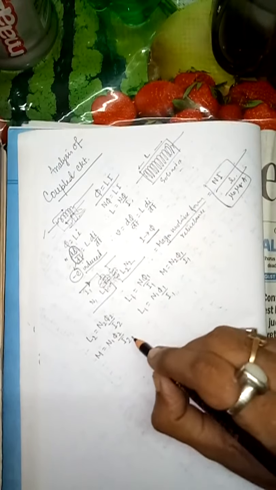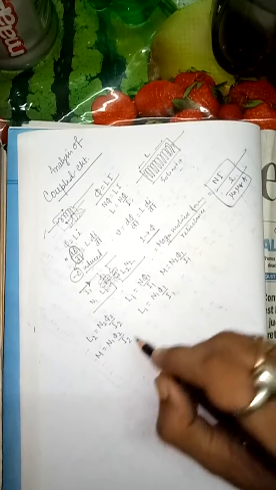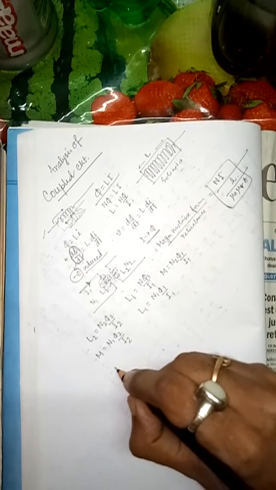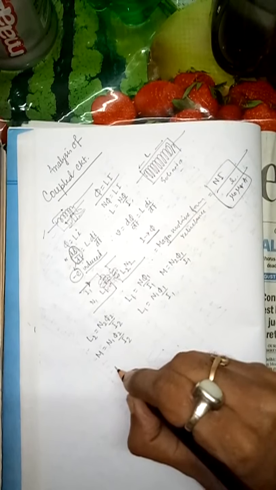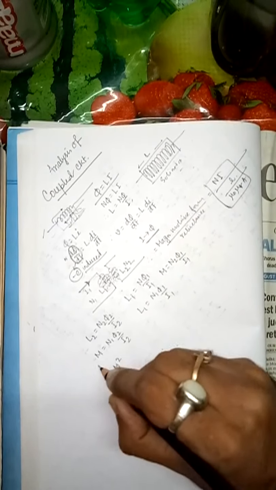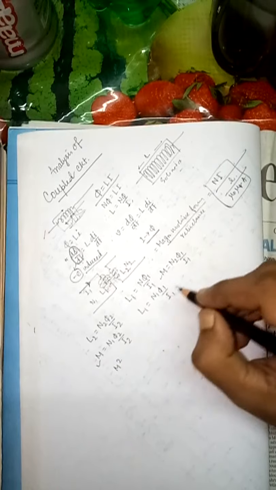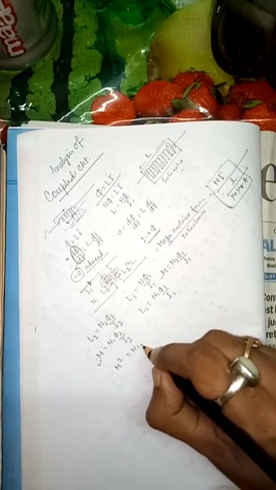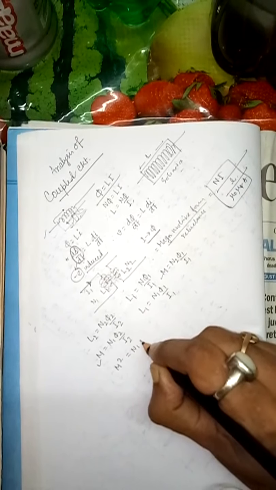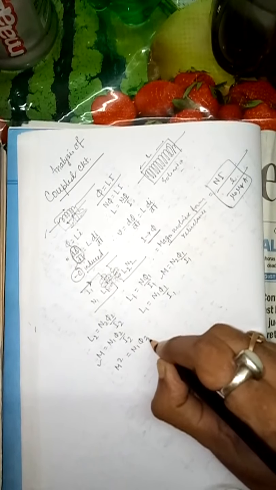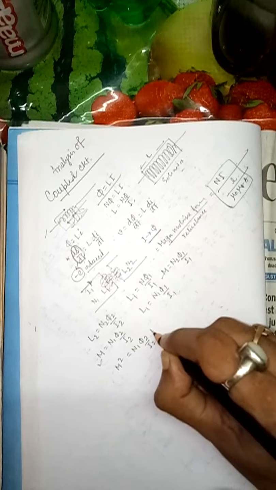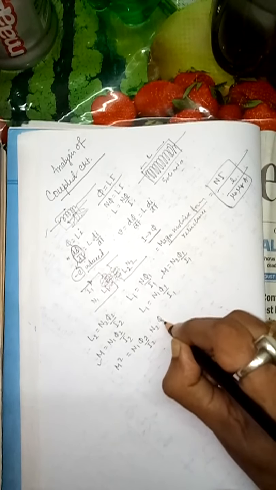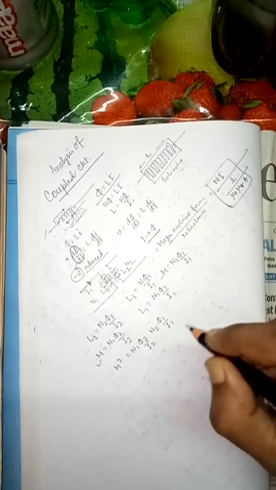Okay. Now if you are multiplying both of these, you will be getting M square, means this M and this M. If you are multiplying this, M square equals N1 phi 2 by I2 into N2 phi 1 by I1.